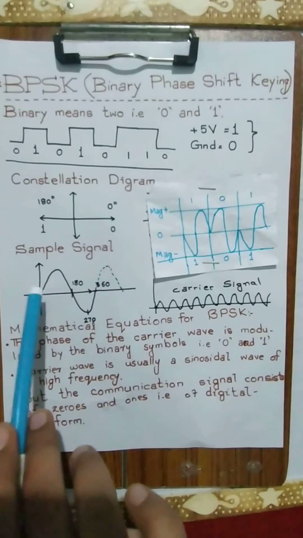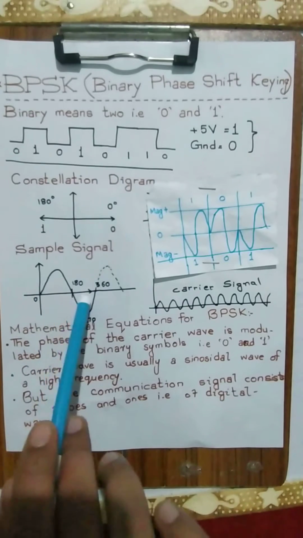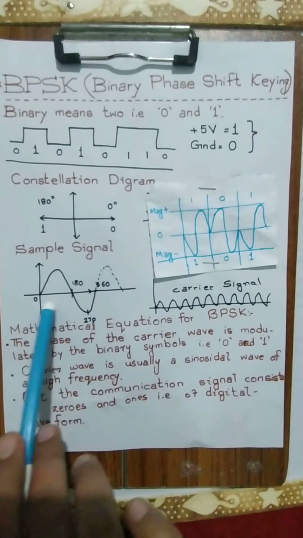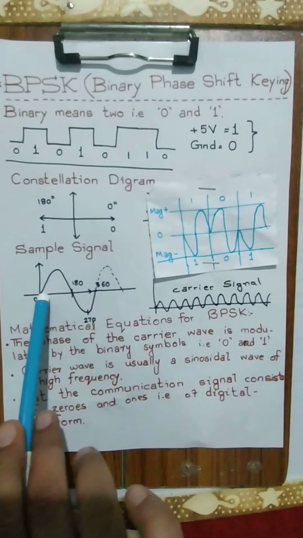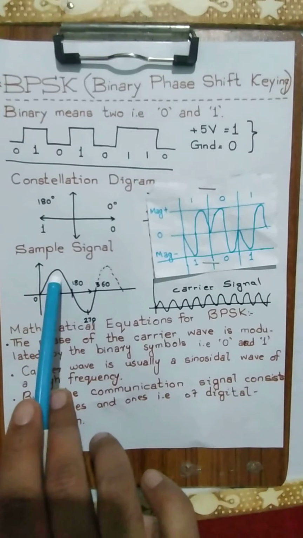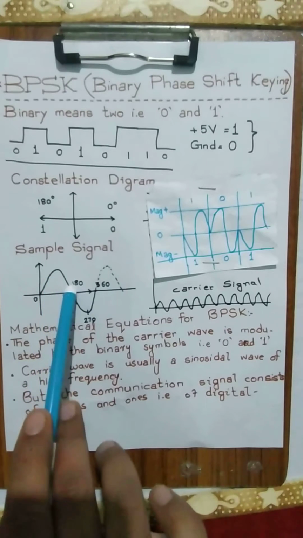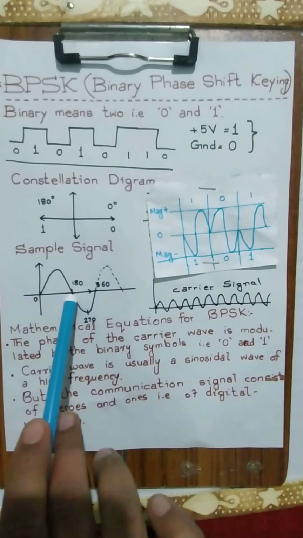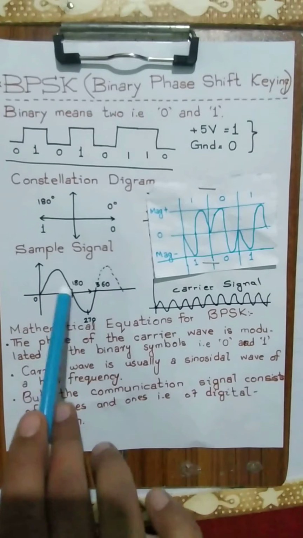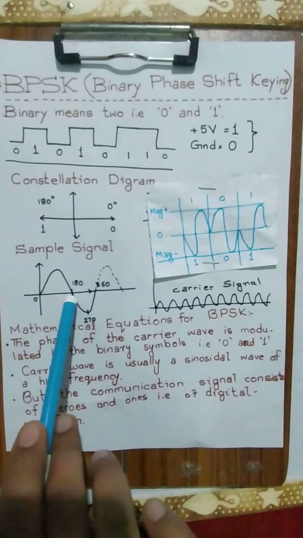This sample signal is a sinusoidal signal, so it starts from 0, gradually increases, and from the summit it decreases down to 180 degree, and it is the half signal. From 0 to 180 degree is half signal.